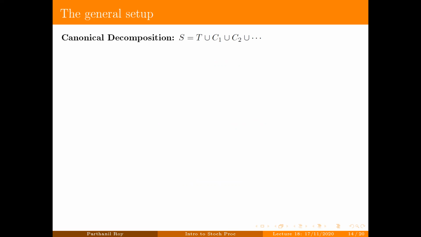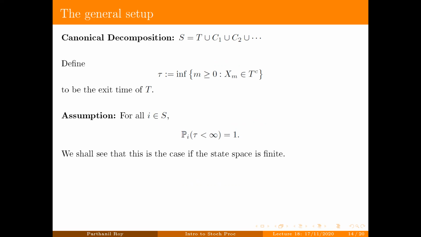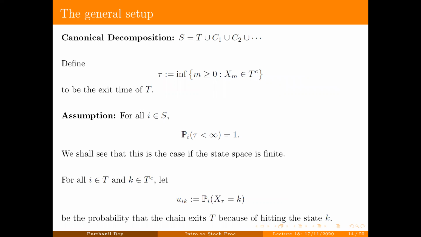Okay, so we have the canonical decomposition and we have the exit time, which we assume to be finite with probability 1 starting from any state. And this will be the case when the state space is finite.